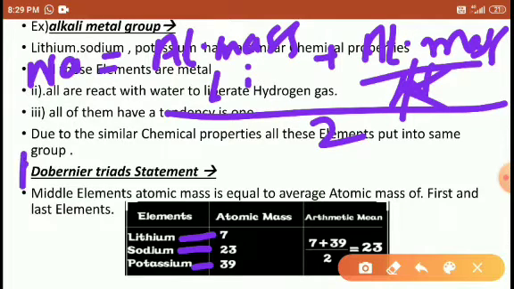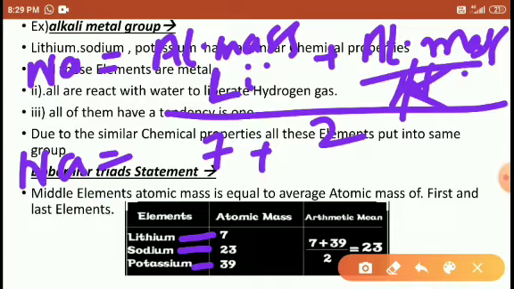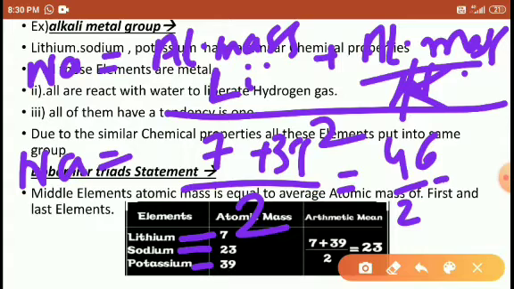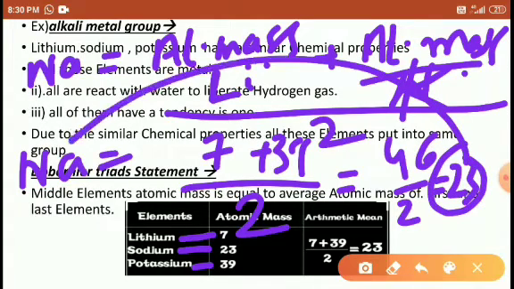Putting in 7 plus 39, whole divided by 2, we get 46 divided by 2, that is 23. So 23 is the atomic mass of sodium, here also 23.